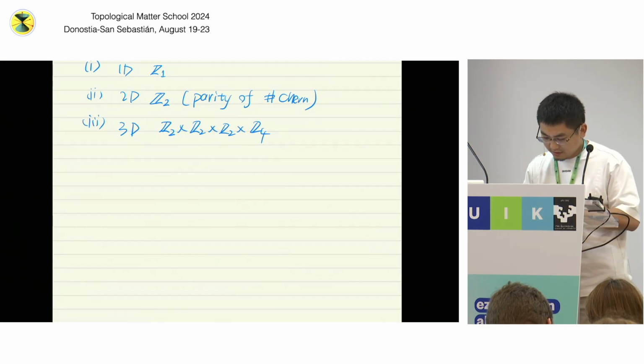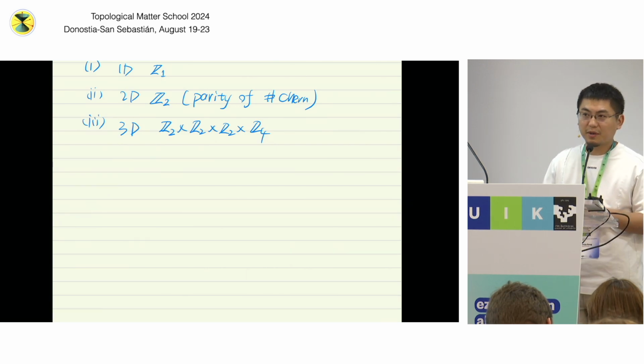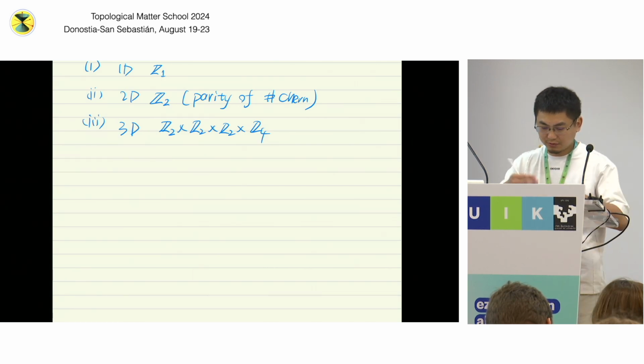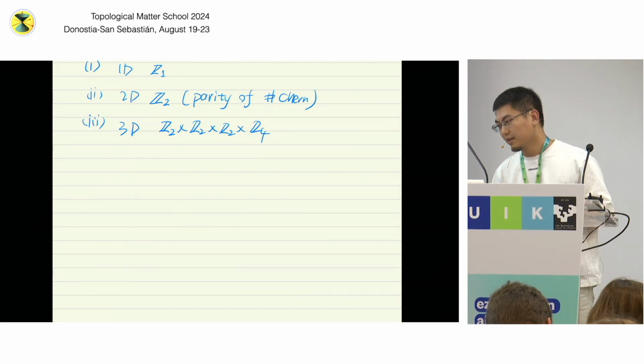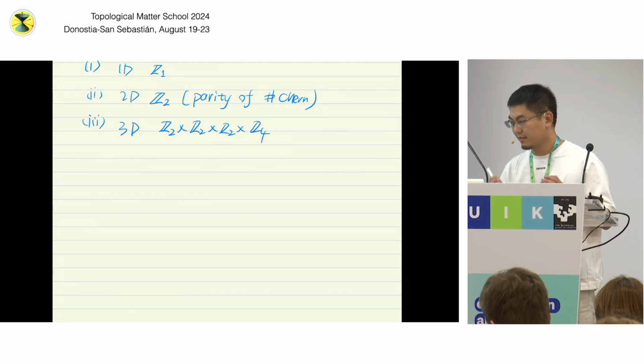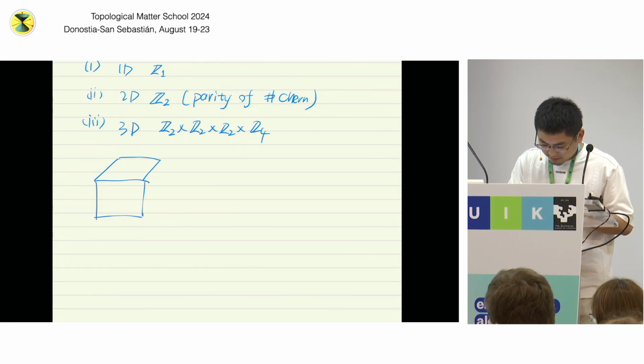As I have explained the algorithm, how to derive this and how to start with the EBRs in real space, now I just skip this step. I just talk about the momentum space. So let's consider the 3D Brillouin zone. It's a cube.